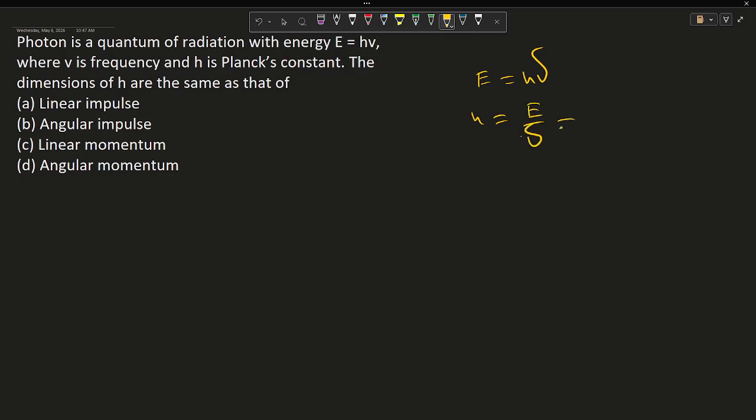Here nu is the frequency. Energy has the dimension of m l square t to the power minus 2, and frequency means 1 by time period, so it will be t to the power minus 1. Then the dimension will be m l square t to the power minus 1.